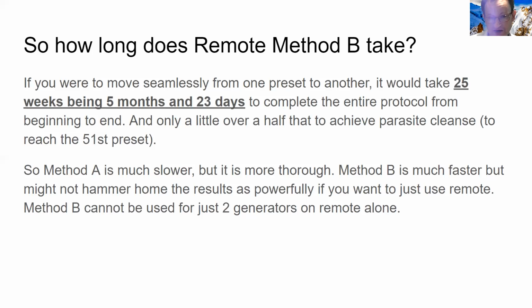And a little over half that to reach the 51st preset for the parasite cleanse, roughly speaking. So method A is much slower, but it is thorough. Method B is faster, but might not hammer home the same results as powerfully if you just use the remote. Method B cannot be used on just 2 generators on remote alone.